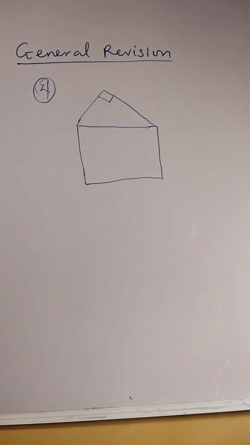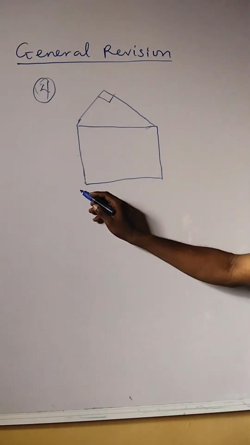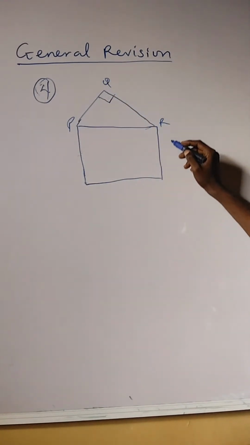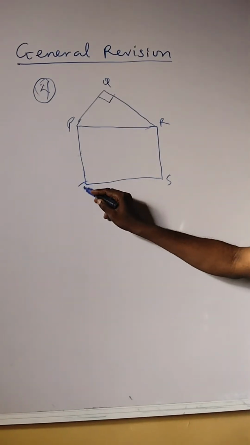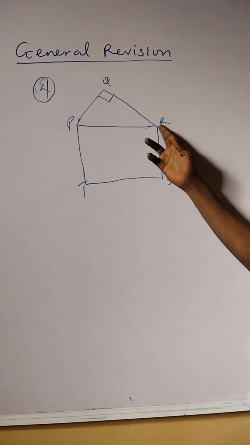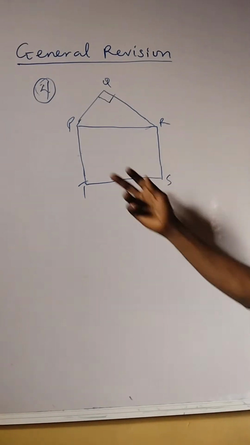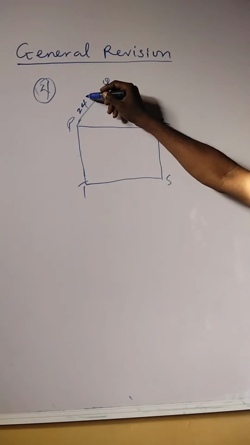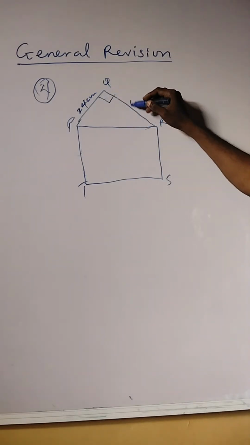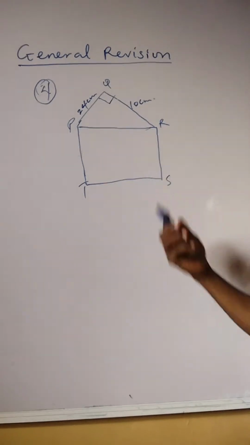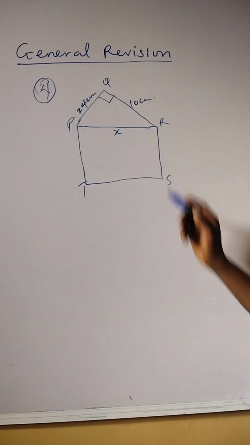We label this as P, Q, R, S, T. When we look at this, actually this shape is a polygon. We just have a line drawn here and cut this one to form triangle PQR. So this side is labeled as 24 centimeter. This side is labeled as 10 centimeter. And from Pythagoras triple, we can get this one, or we can just label this side X.